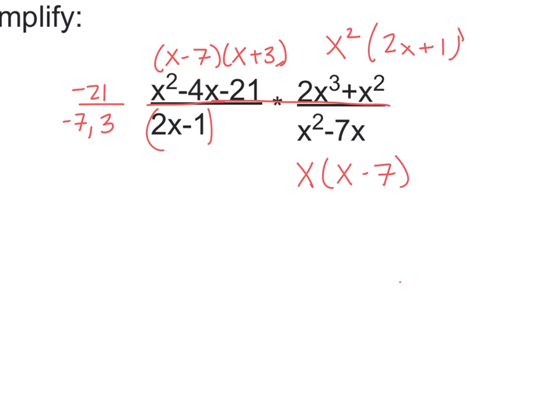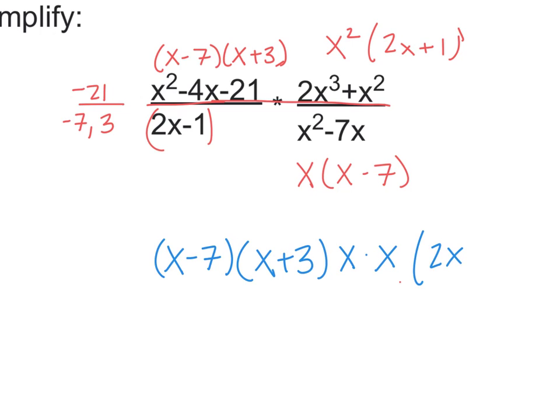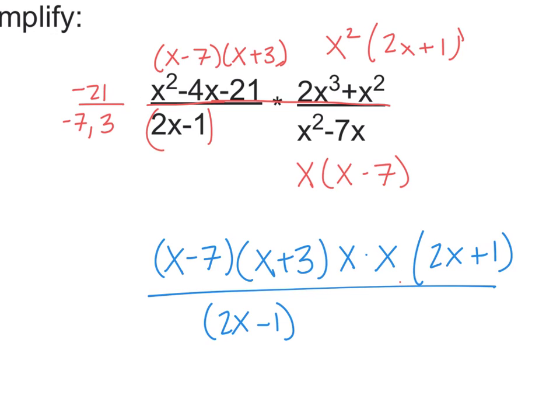Let's rewrite it here. X minus 7, x plus 3, x, I'm going to do x times x, 2x plus 1, all over 2x minus 1, and x minus 7.